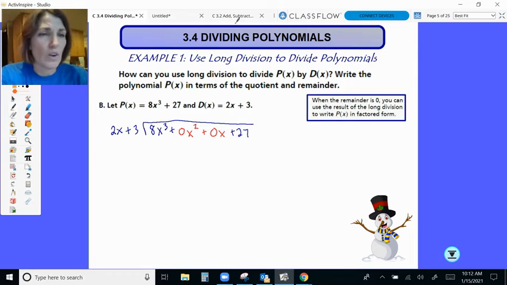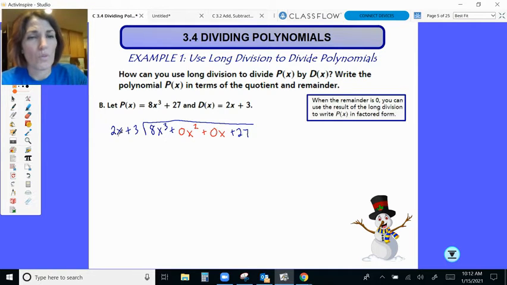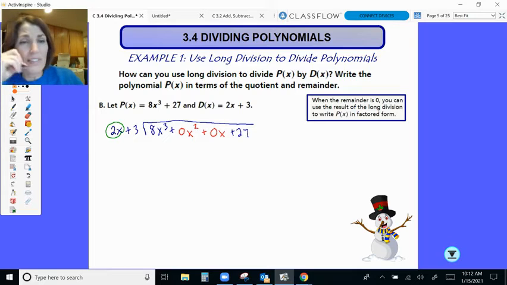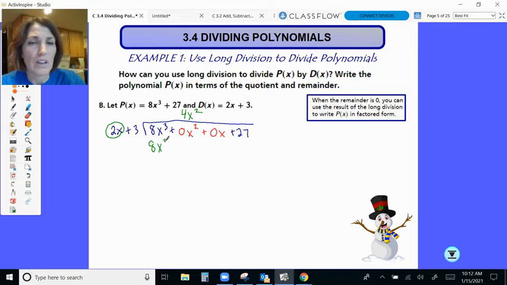Okay, then I'm going to go ahead and ask myself, what times 2x will give me 8x cubed? And that's going to be 4x squared. So I'll put that up here, 4x squared. And I can multiply 4x squared times 2x gives me 8x cubed. And then 4x squared times 3 gives me a plus 12x squared, right?